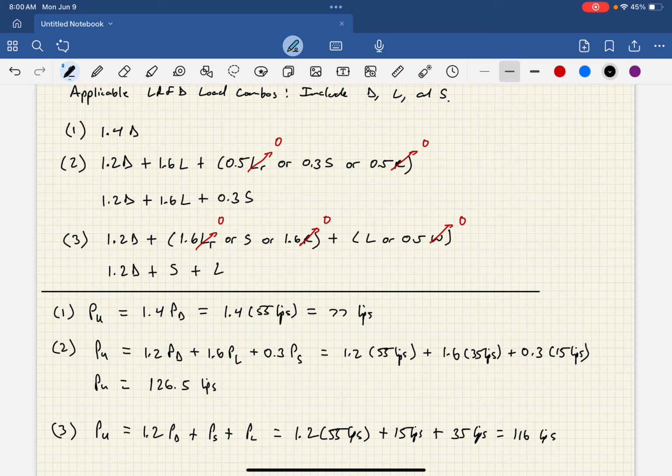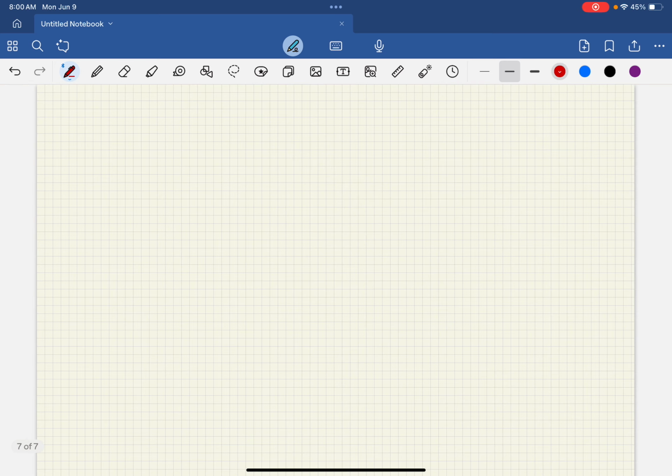Okay, so finally, what's the conclusion here? Well, the conclusion is load combination 2 governs. So I'm going to say therefore load combo 2 governs, and the design column force is what?